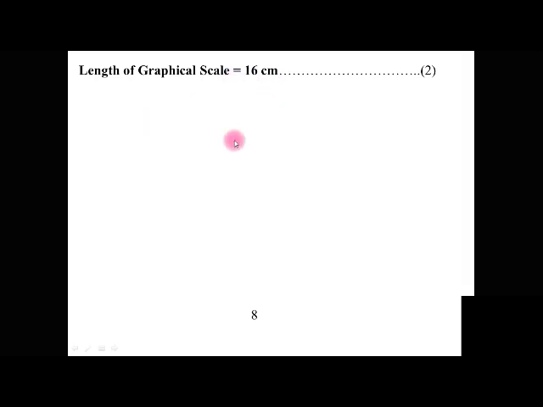Because 1 centimeter is equal to 1 kilometer, that is the statement scale, I have to find out how much distance on the ground. If the length of the graphical scale is 16 centimeters, it will come to 16, right? So 16 is a very good figure to divide. When we divide it into certain primary divisions, we can definitely achieve, in a simple manner, equal divisions in round figures, which will show the distance, okay.